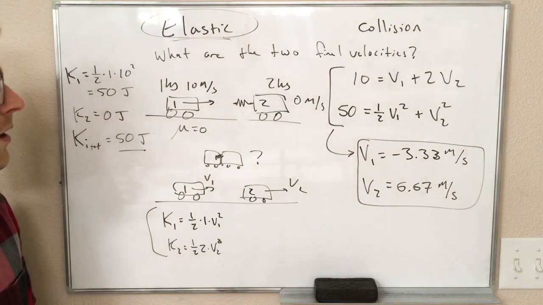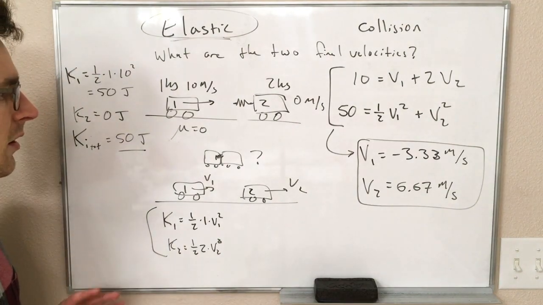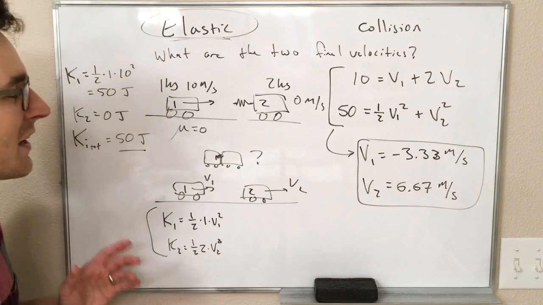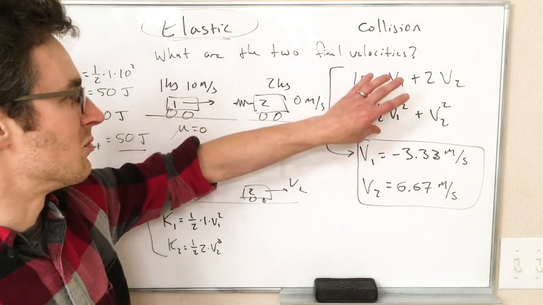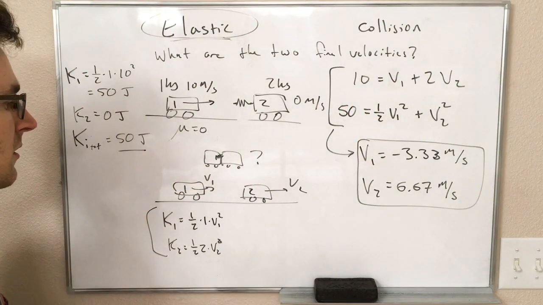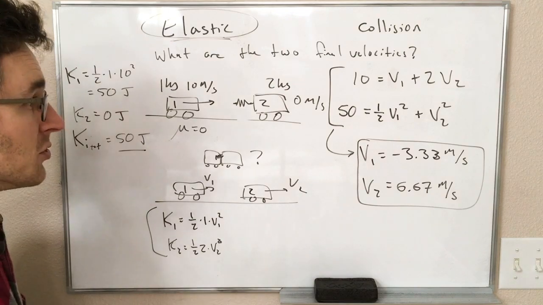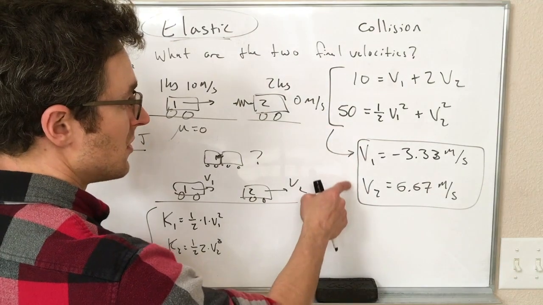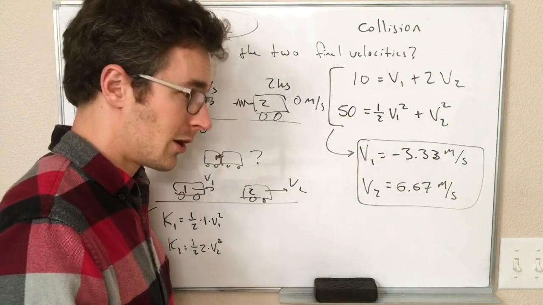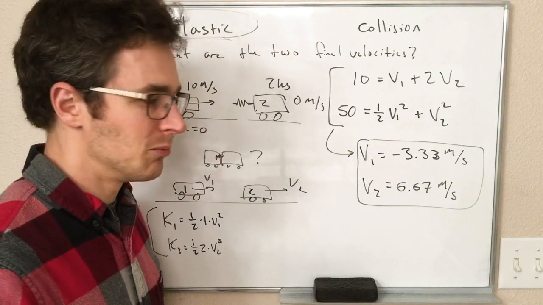So anyway, elastic collisions are important. Like I said, I wouldn't make you solve the system of equations, but I think understanding all the steps in this is important, and definitely being able to, if you have these velocities, show that they both conserve energy and momentum. I think that's an important place to get to.